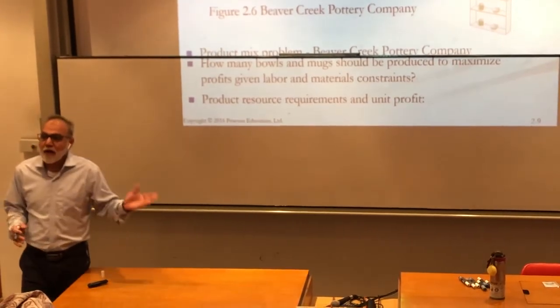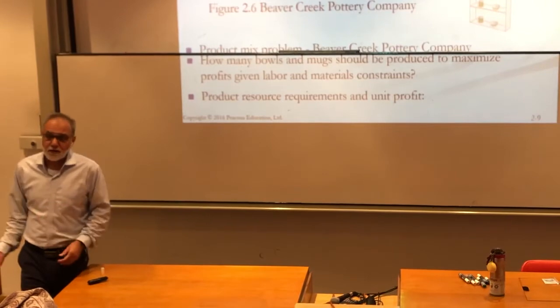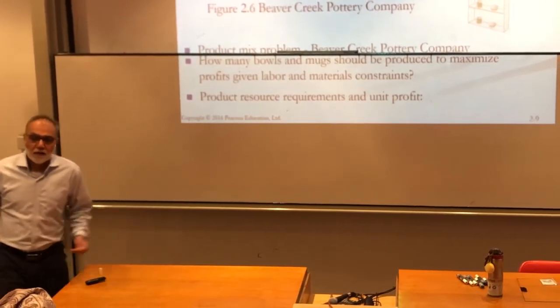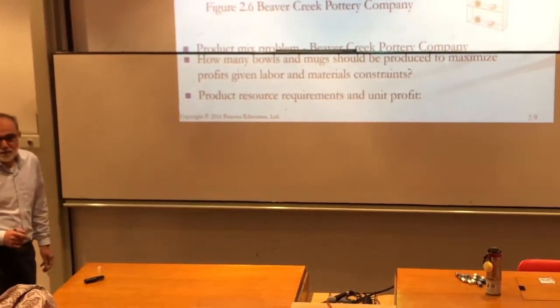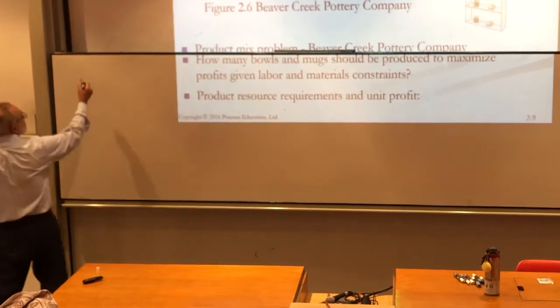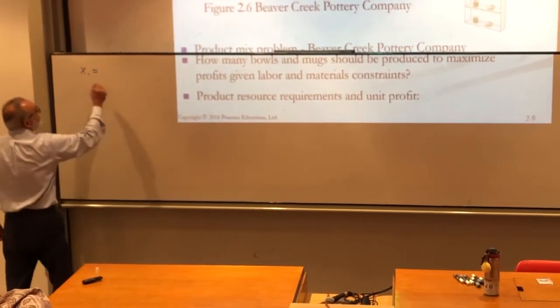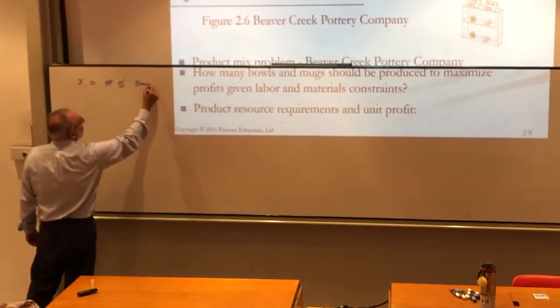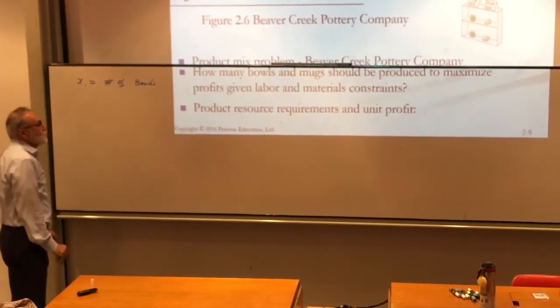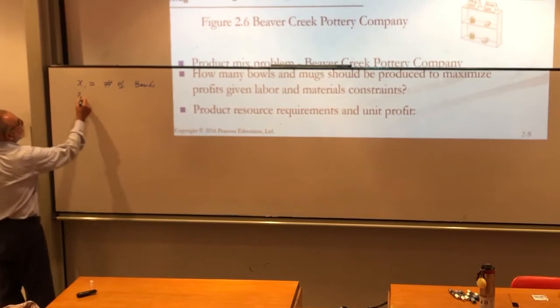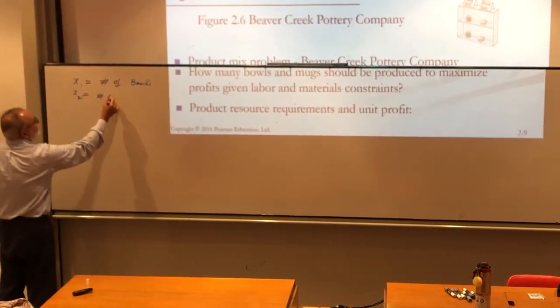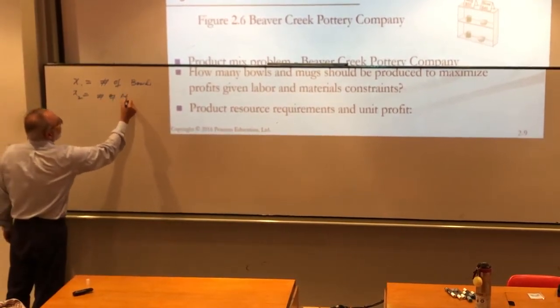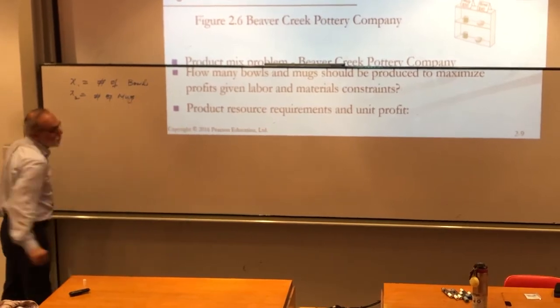We can define them by x, y and z, etc., but I prefer subscripts. Let's say x1 is the number of bowls to produce, and x2 is the number of mugs to produce.